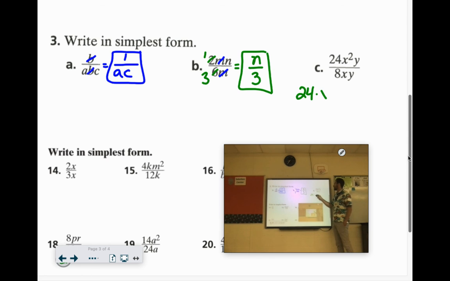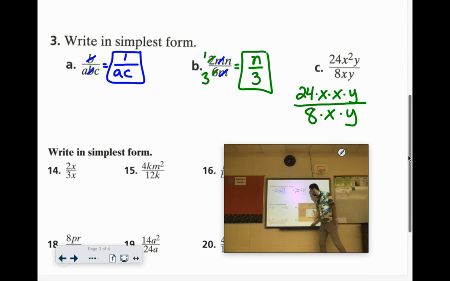And then this one, let's stretch this one out. 24 times x times y over 8 times x times y. I see they both have y's. We'll get rid of those. I see they both have x's. They both have one of the x's. And then 24 and 8 are both divisible by 8.